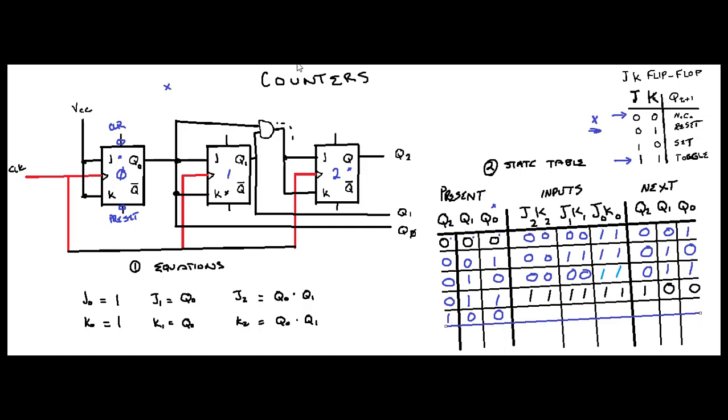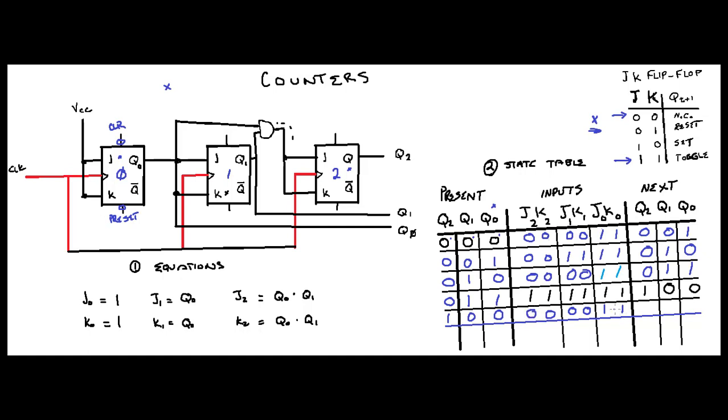Now, let's fill this in, shall we? J0, K0. You know that by now. It's a 1, 1. J1, K1, that's both equal to Q0. Q0 is equal to a 0, so these are going to be 0, 0. And J2, K2, well, since Q0 and Q1 are both equal to 0, you know this is going to be 0, 0.